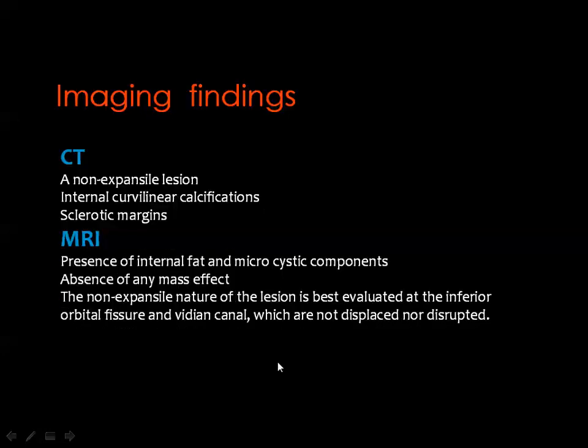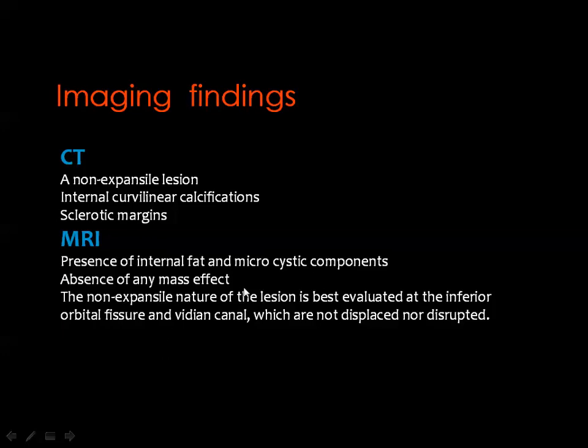If you see by CT, this is a very important criterion: a non-expanding lesion, internal curvilinear calcification, and sclerotic margin. On MRI, the presence of fat within the lesion signifies that this is not a tumor.